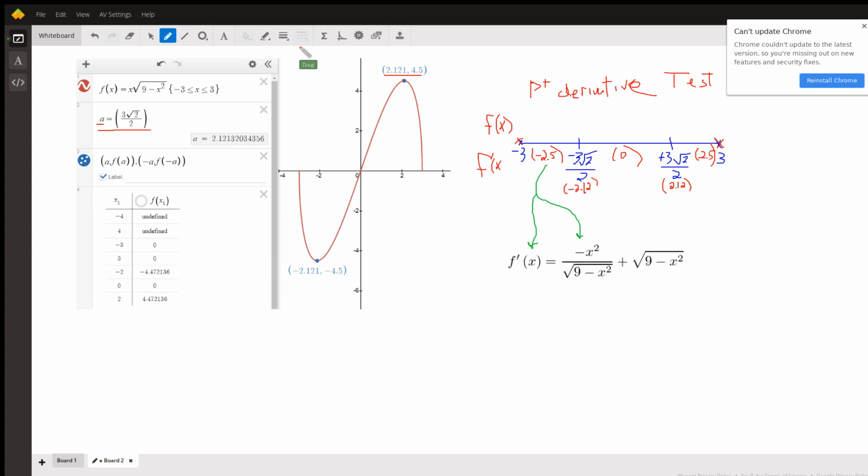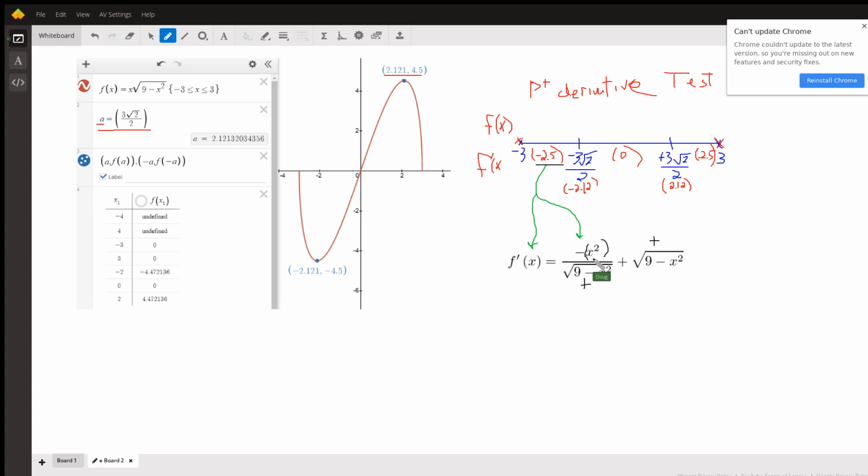So I'm going to go to black here. I take negative 2.5, which is between negative 3 and negative 2.12, and plug it into this derivative. I can see that the radicals are going to give us positive numbers.